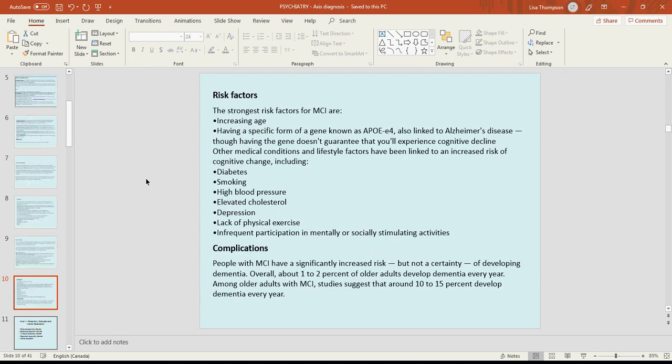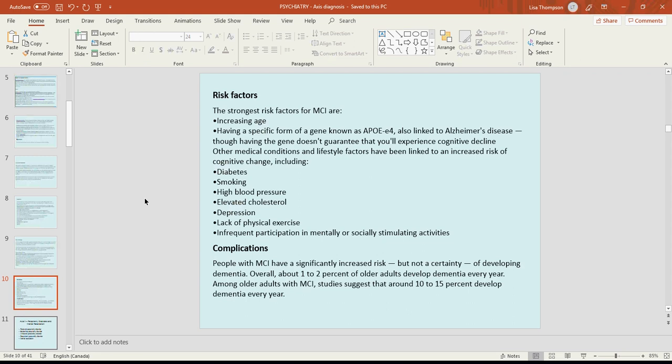Though having the gene doesn't guarantee that you'll experience cognitive decline, other medical conditions and lifestyle factors have been linked to an increased risk of cognitive change, including diabetes, smoking, high blood pressure, elevated cholesterol, depression, lack of physical exercise, and infrequent participation in mentally or socially stimulating activities.